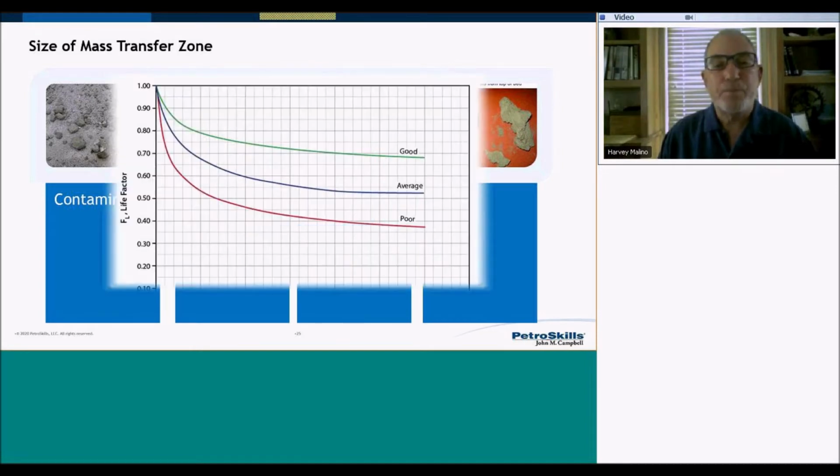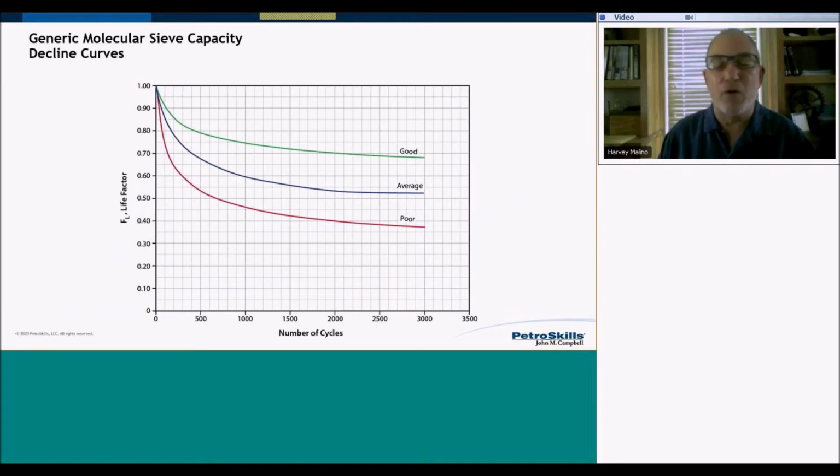So when we combine all this, what we end up with is a molecular sieve capacity decay curve. This is a plot of the life factor of an adsorbent versus the number of cycles.